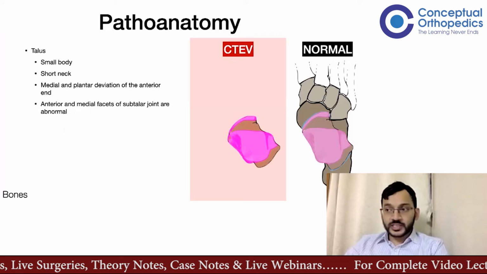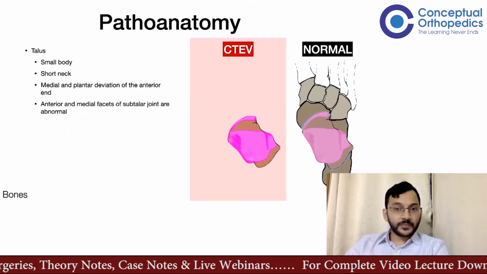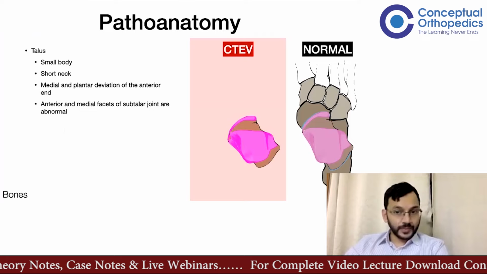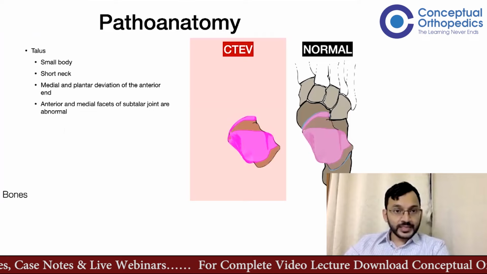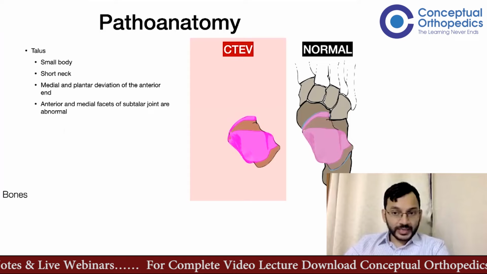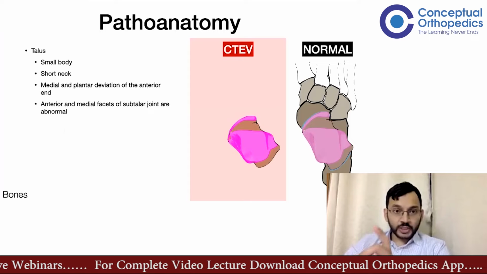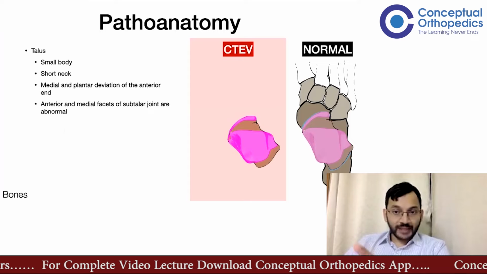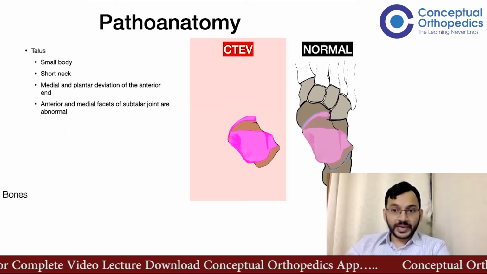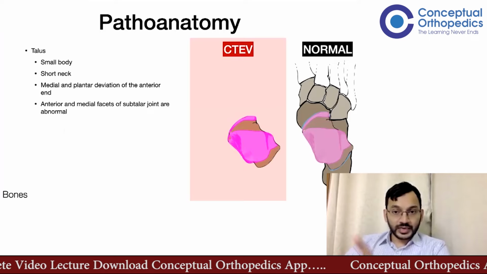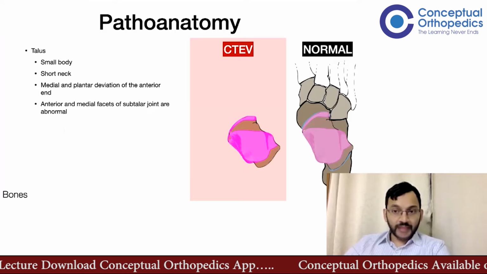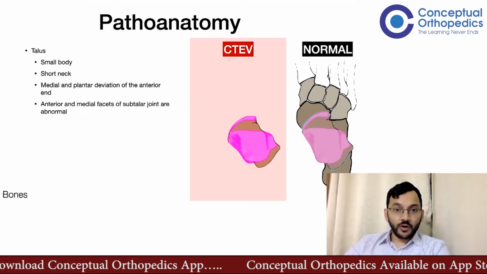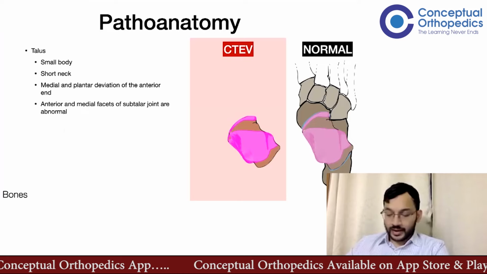This is the prime suspect for CTEV. Now the talus is smaller in size. The body itself is smaller. The neck is short, and the anterior end is medially and plantarwards deviated. The anterior and medial facets of the subtalar joints are abnormal.